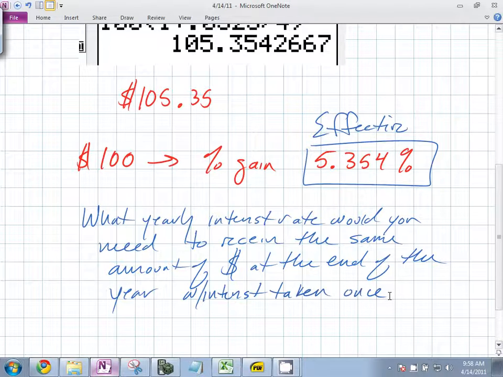So again, 5.25% compounded quarterly turns into what effective interest rate?